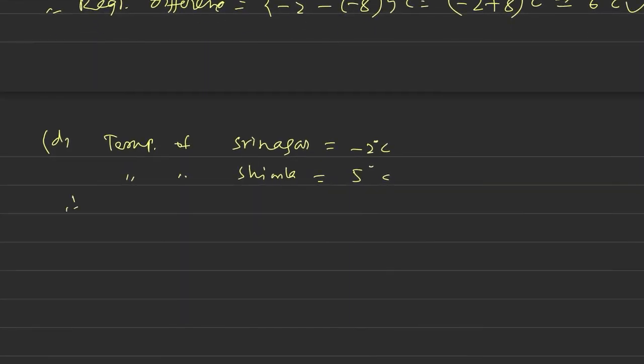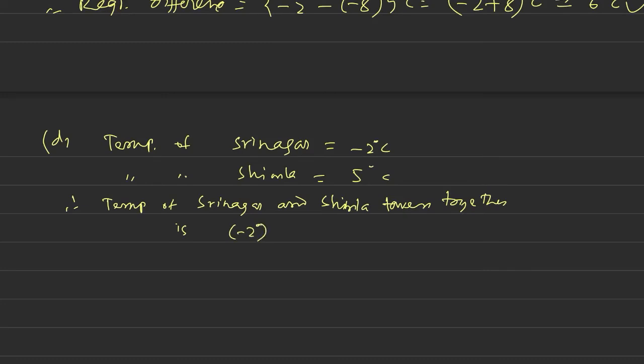Therefore, the temperature of Srinagar and Shimla taken together is minus 2 degrees plus 5 degrees Celsius, that is equal to 3 degrees Celsius.